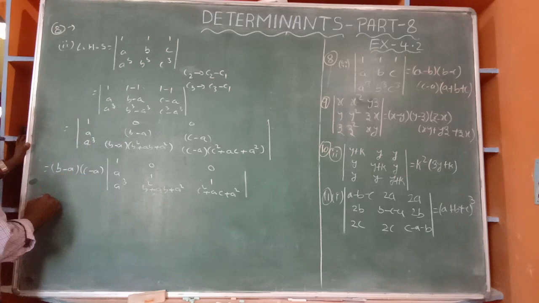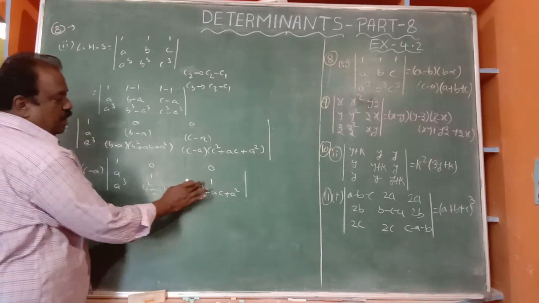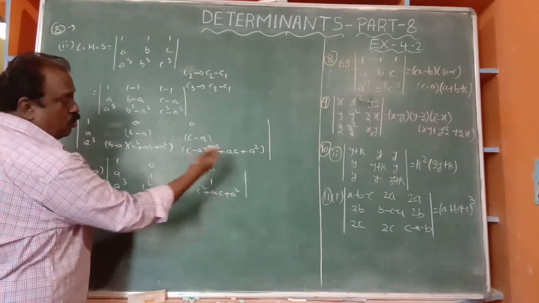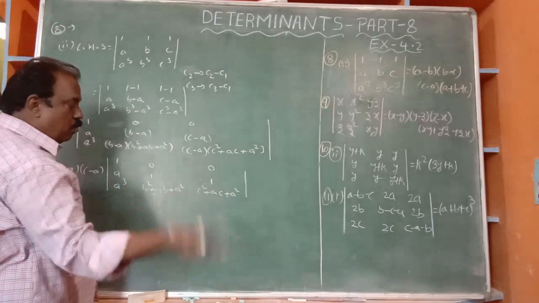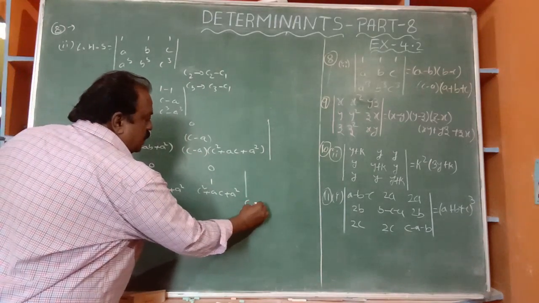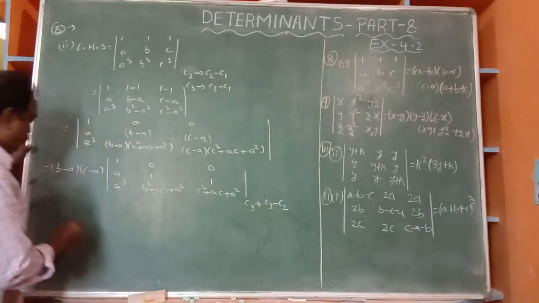Here also we will do one thing, in order to get 0 here also. 1 minus 1, 0 minus 0, 0, 1 minus 1, one more 0 will come. So it will become C3 as C3 minus C2.